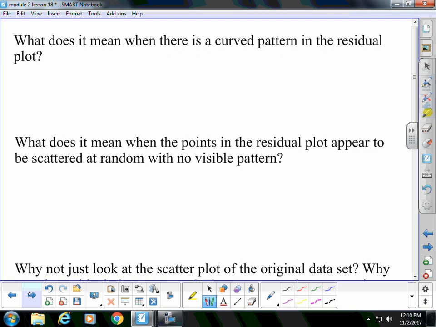Okay, so what does it mean to have a curved pattern in the scatter plot or in the residual plot? If there's a curved pattern in the residual plot, that means that the scatter plot is also curved.